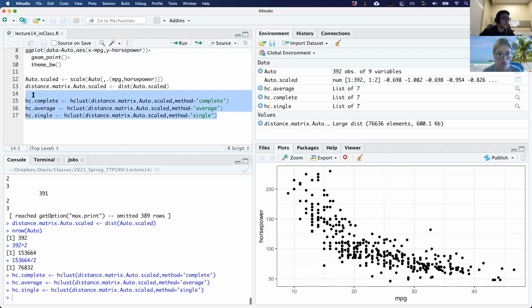Okay, so I'm going to run this, and let's take a look at the trees themselves.